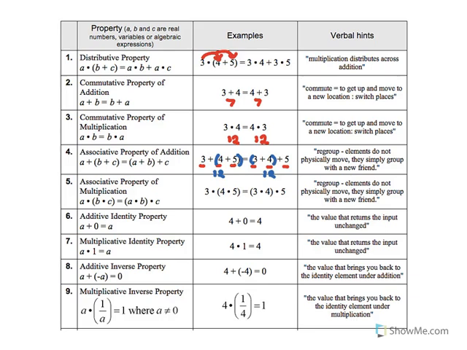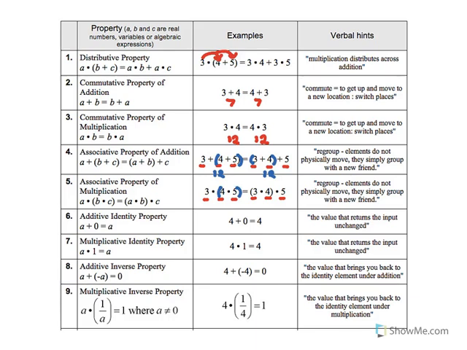Okay? The associative property of multiplication is similar. The order is the same. 3 times 4 times 5 equals 3 times 4 times 5. However, it's the way that I start the problem. On the left, I'm doing 4 times 5 first. We all know 4 times 5 is 20.